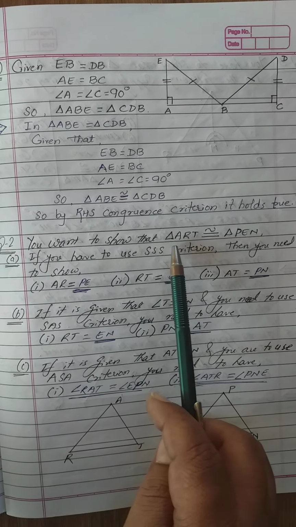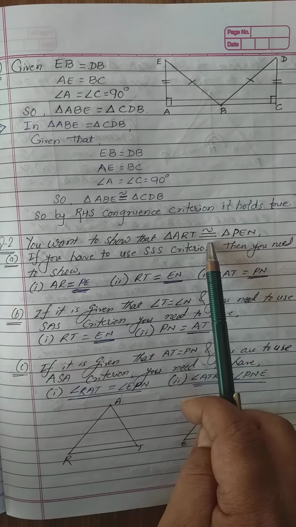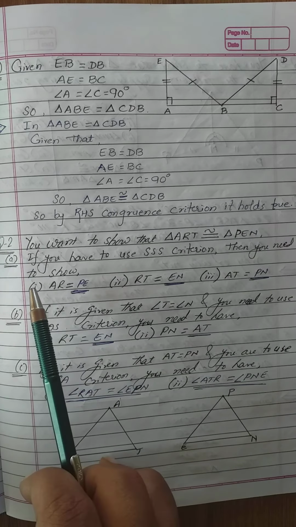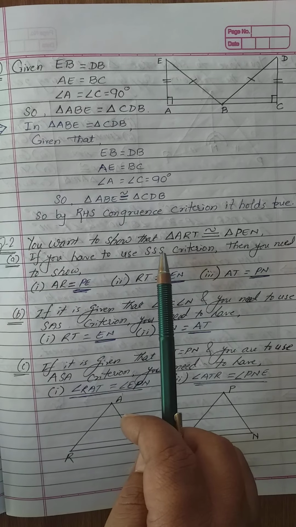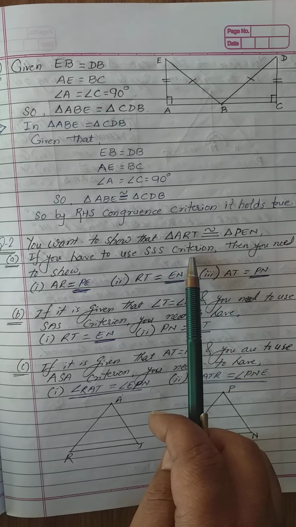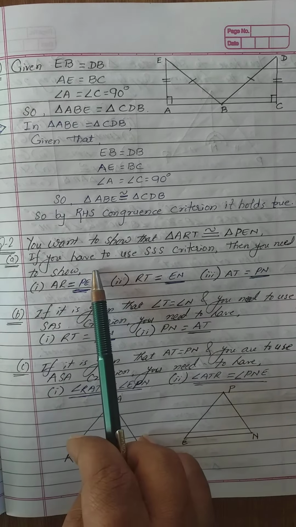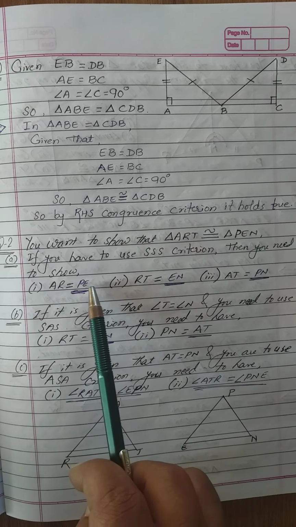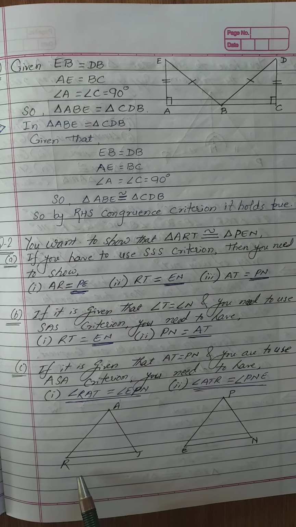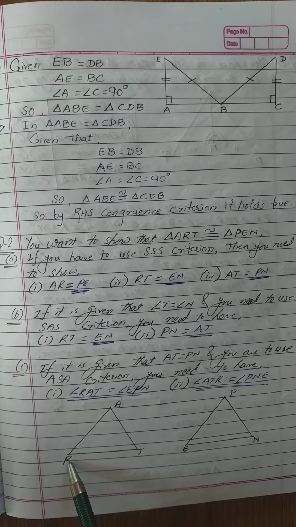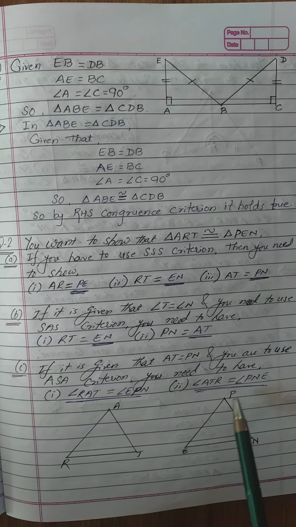Question number 2. You want to show that triangle ART is congruent to triangle PEN. If you have to use side criteria, then you need to show AR is equal to PE. Here I have drawn the triangles ART and PEN.